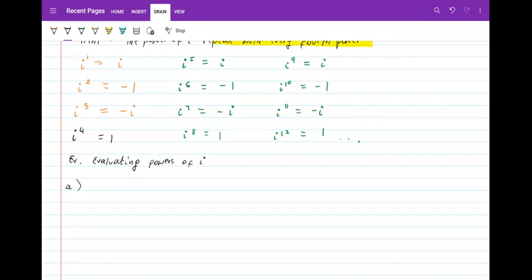So, A, we have i to the power of 28. Of course, you can keep repeating that power and see how i to the power of 28 behaves. But here what I'm going to do is break that 28 as 4 times 7.